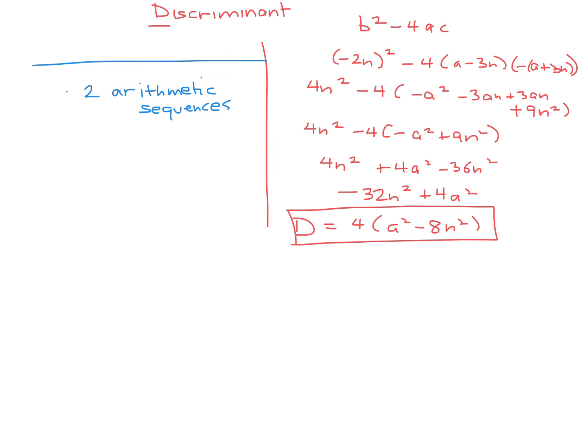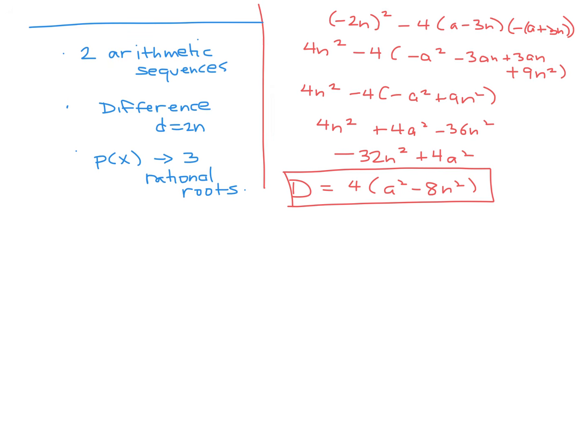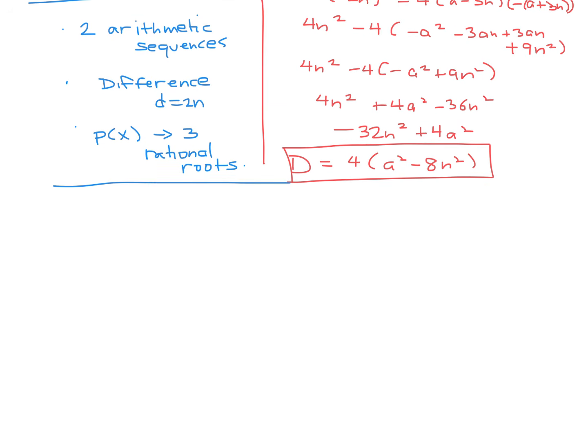That's the first criteria. Second, the difference, small d, has to be 2n. And then p of x has to have 3 rational roots. Okay, so let's talk about each of these. What do they mean, and how is that going to help us solve this?